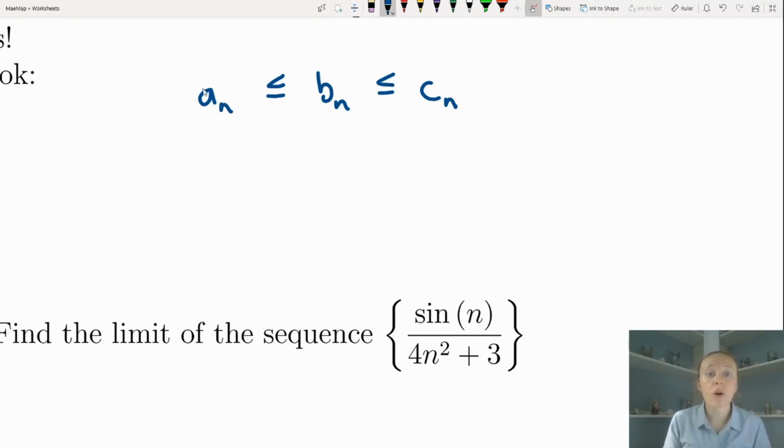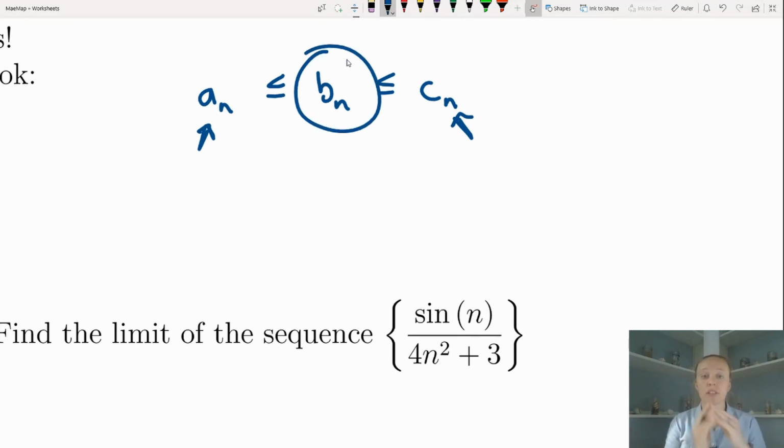If I know what happens to this sequence and what happens to this sequence as n approaches infinity, if those are equal, then I will know exactly what happens to that function that's trapped in between.